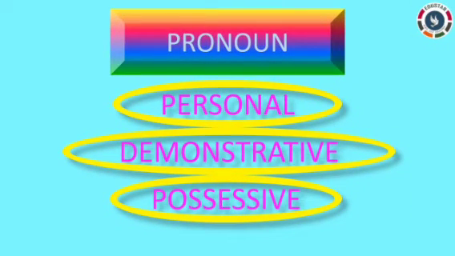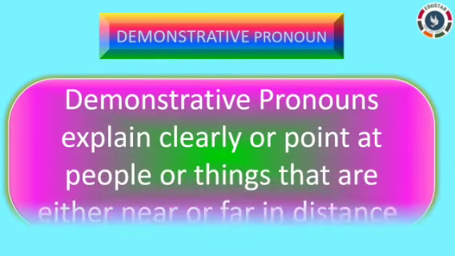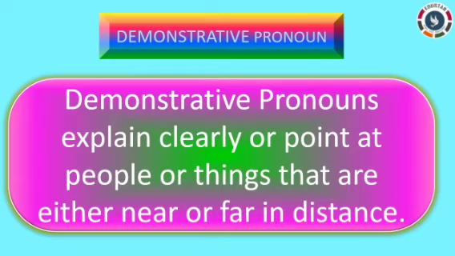Now, let us look into the second type of pronoun, that is demonstrative pronoun. The word demonstrative, or the actual word demonstrate, means to explain clearly or to show. So the pronouns that demonstrate or explain to us clearly about something are said to be demonstrative pronouns.